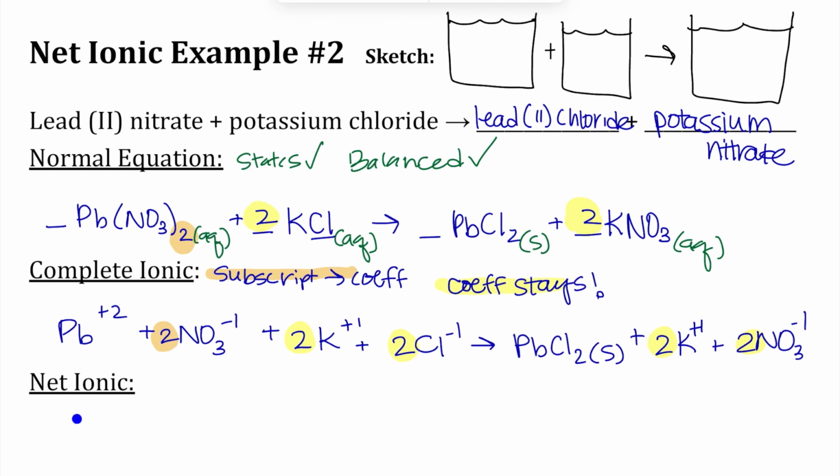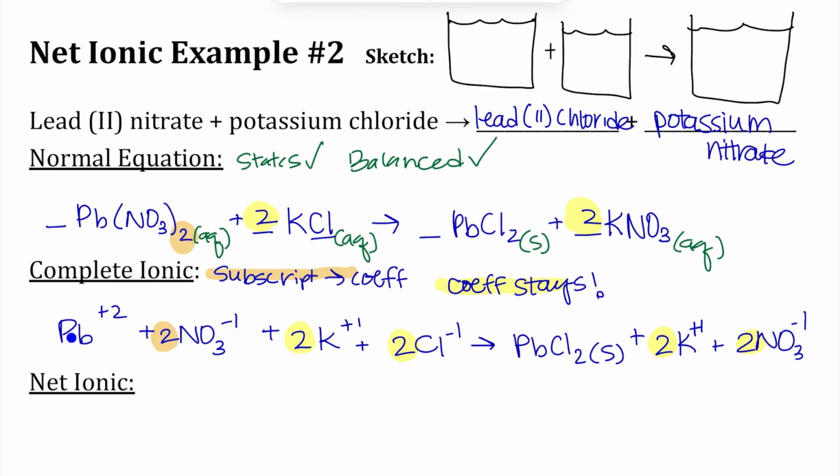Now as we look at this and getting rid of our spectator ions, those things that don't change, if we have 2 K+ on the left, we need to also have those 2 K+ on the right. This is by making our subscripts coefficients. It's maintaining the balance we need, and same thing with distributing our coefficients.